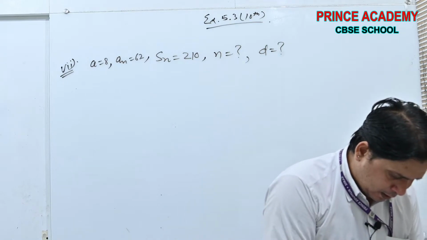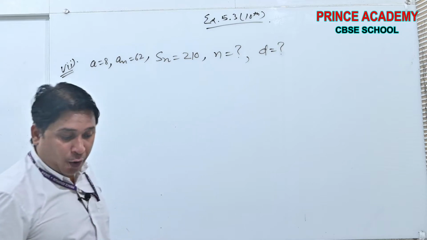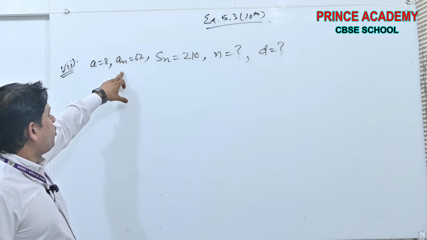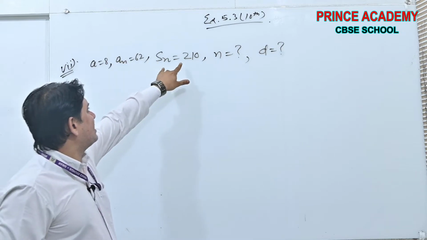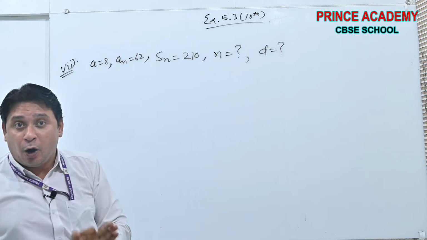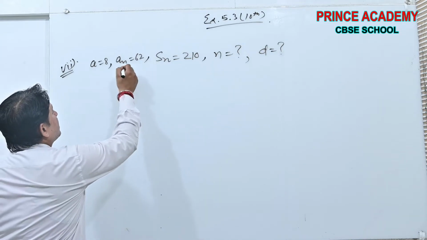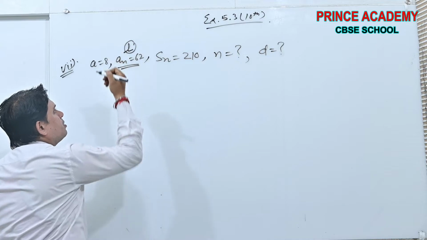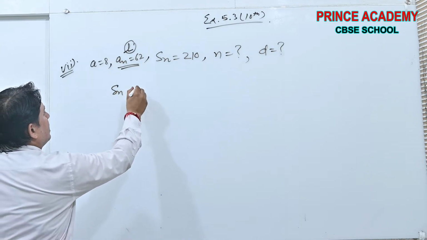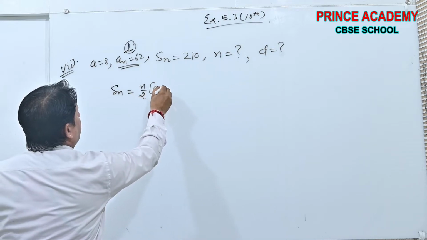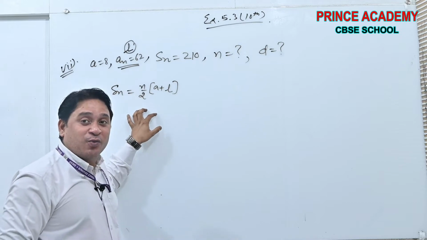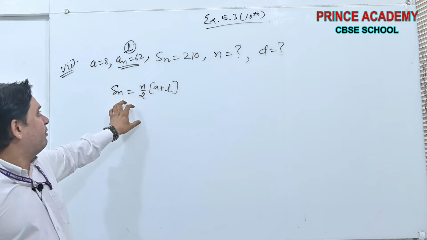Okay. Now see, beta, what is going on. If you see this and this, these two can help you find n. How? Just see, this is your last term, yes or no? And the formula for Sn is n by 2 into a plus L, yes or no? If we use this formula, we will get n.